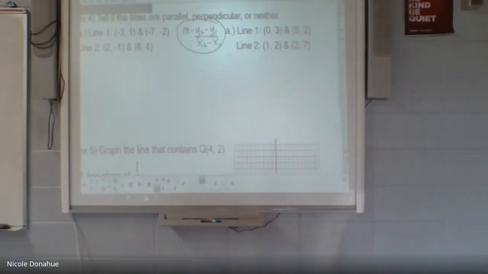To finish that one, you could look at letter B. I just want to give everyone a chance for at least letter A. Find the slopes of each of those.